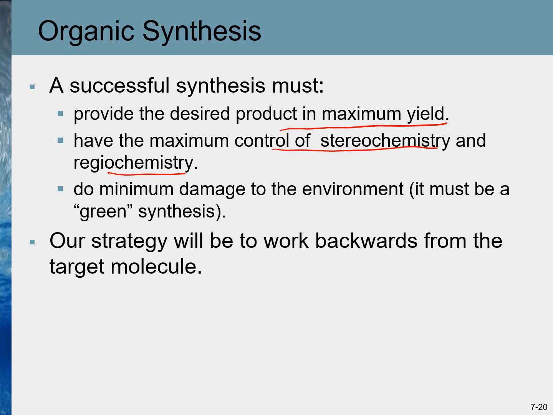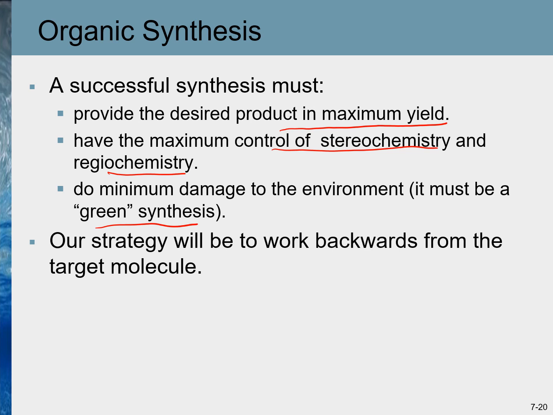A successful synthesis must also do minimum damage to the environment. Those kinds of syntheses are known as green synthesis. So in this section, we will learn how to develop an ability to plan a successful synthesis. The best strategy is to work backward from the desired product.